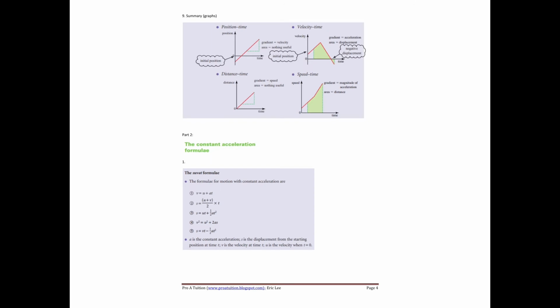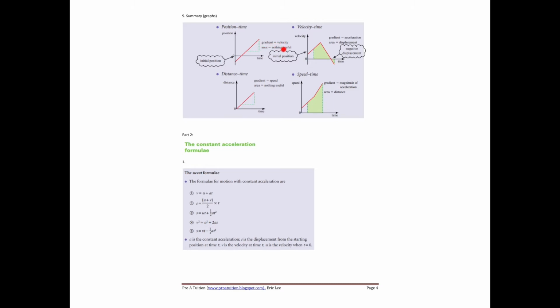Okay, now we have the summary. You see the graph. We have position time graph. This is the initial position, and then the graph is like this. So you know position is a vector quantity. If you find the gradient, you get velocity.